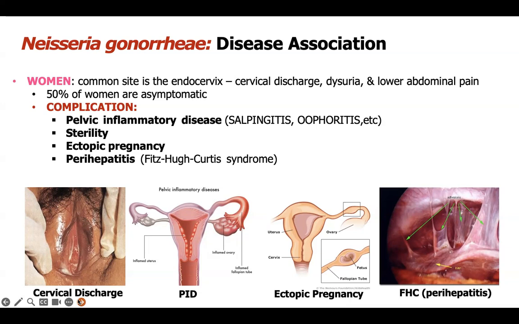Okay? Pero pag ang perihepatitis, yung lining lang yan, no, ng liver natin. So it's also known as the Fitzhugh-Curtis syndrome or the FHC. Ayan, so ang tendency nito, ma-inflame, no, yung lining ng liver and nagkakaroon ng adhesions. Ayan, ito yung nakikita nyo parang naka-stretch out, parang webs, no? Nag-adhere na yan na lining ng ating liver dun sa ibang organ. Okay, brought about by the gonococcal infection.